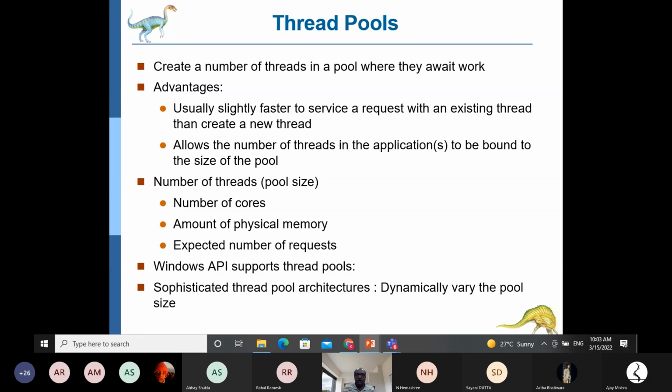So there are different multi-threaded models we discussed, and we also saw the thread libraries in the context of Pthreads, like how the threads are created and how it is coordinated with a simple example. And yesterday we started discussion on implicit threading.